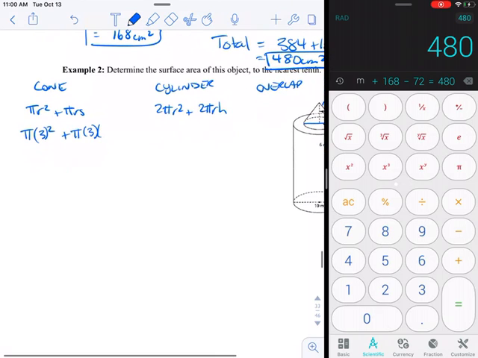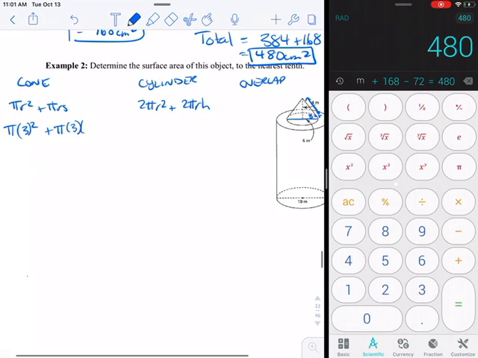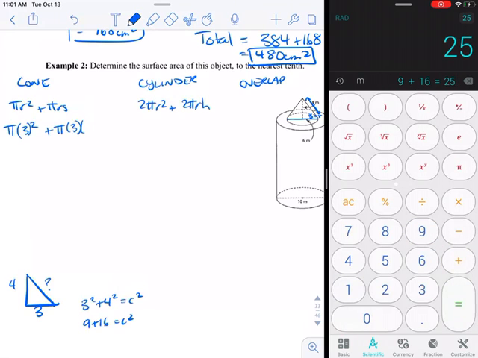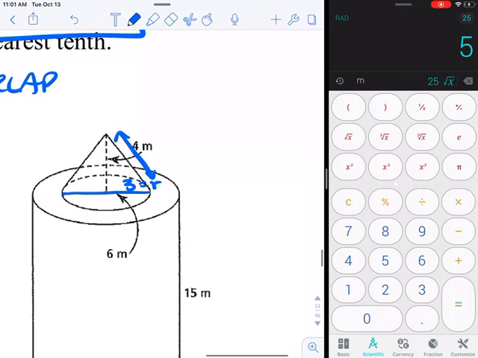So let's do it down here. The vertical height from the diagram is 4. This part's 3, and we need to figure out that. So 3 squared plus 4 squared equals c squared. That's 9 plus 16 is c squared. So 25. If we take the square root of that, the slant height is 5. So that means this line from there to there is 5.